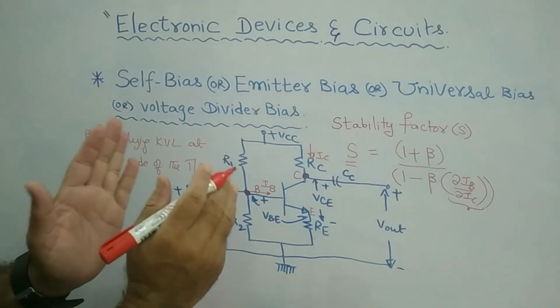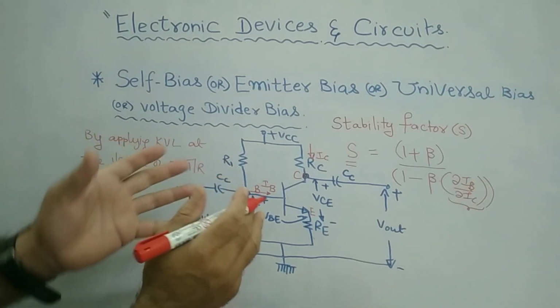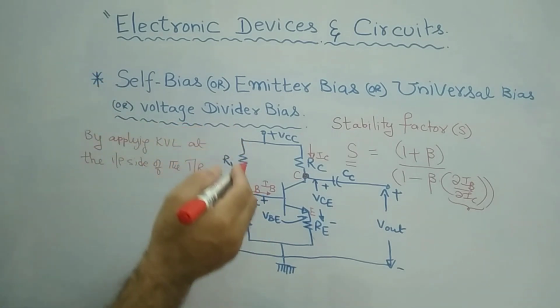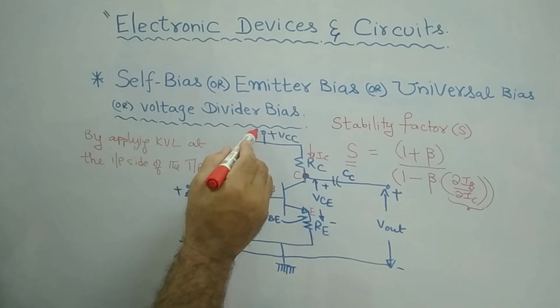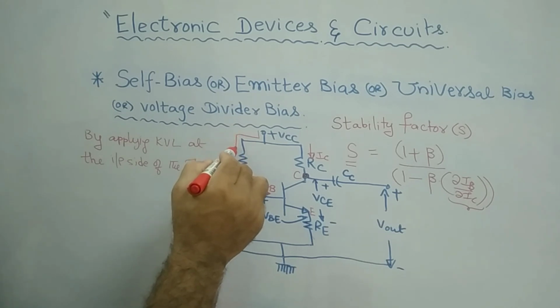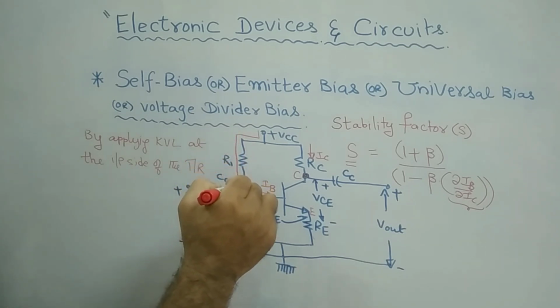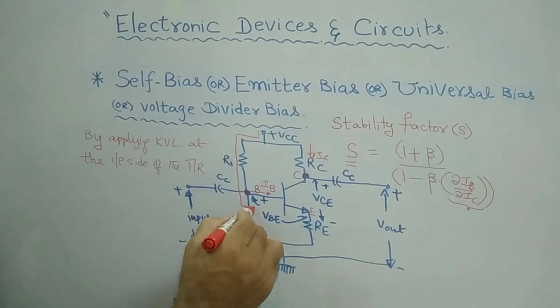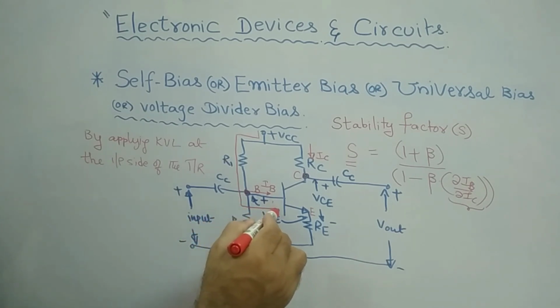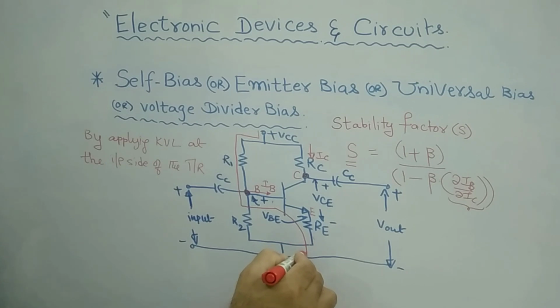So, what is the input side of the transistor? I can note it down in this circuit diagram clearly. My input loop is like this. It starts from plus VCC here, comes to R1 and then R2, and from here directly goes to the base to emitter, and finally comes to the ground point.